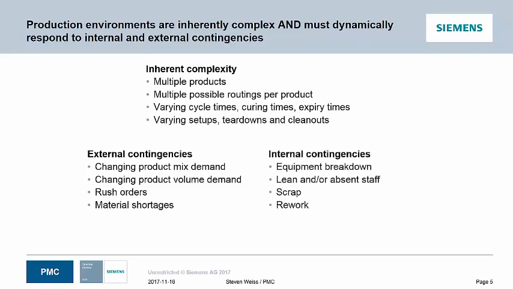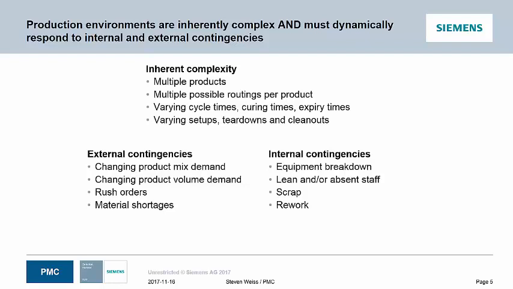And then there are things that the facility wishes it can control and frequently can mitigate, but nonetheless impact the production material flow. Internal contingencies such as equipment breakdown, such as lean staff or absent staff, such as scrap, such as rework.